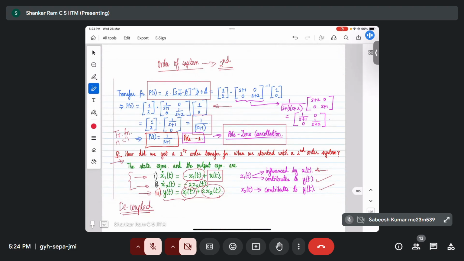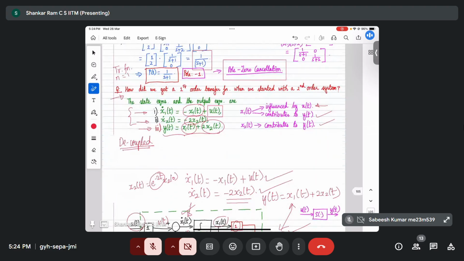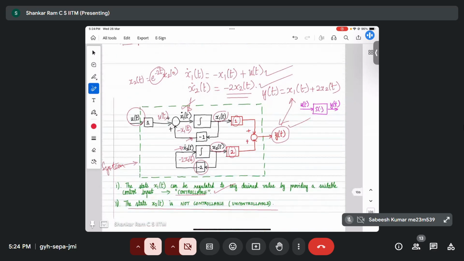We interpreted that this is due to what is called a pole zero cancellation, and that led us to a block diagram representation where we consider the signal flow.